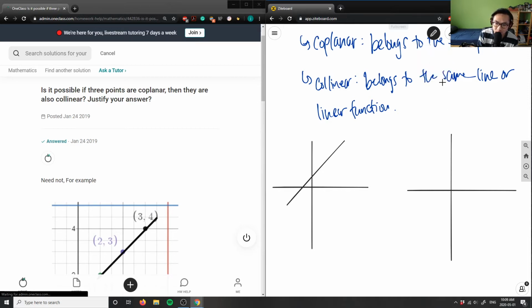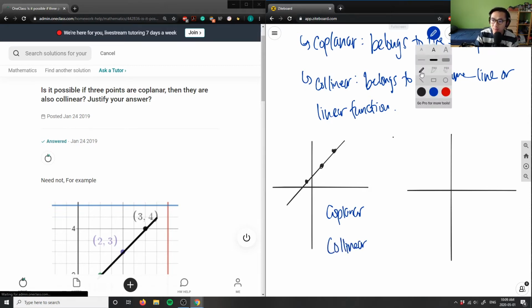For example, if these 3 points here, 1, 2, and 3, and the coordinates don't really matter, but in this case my 3 points are coplanar. Basically, anything I put in this xy plane will be coplanar because they belong in the xy plane, right? So immediately, these points are coplanar. However, they're also collinear because, as you can see, all these points lie on the same line. So they are also collinear.